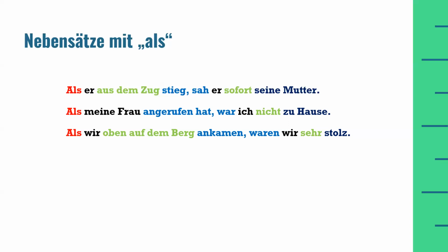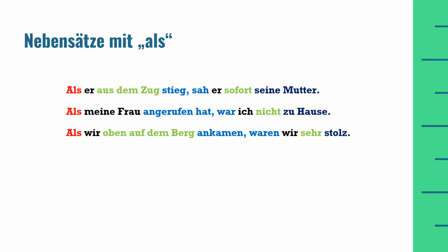Als again comes at first position, then comes subject, which is wir, oben auf dem Berg. Ankamen is the past form of ankommen, which means to arrive, and for wir subject, ankamen remains ankamen.